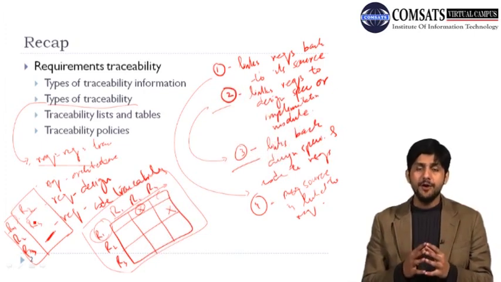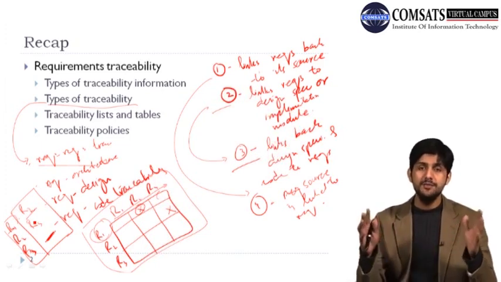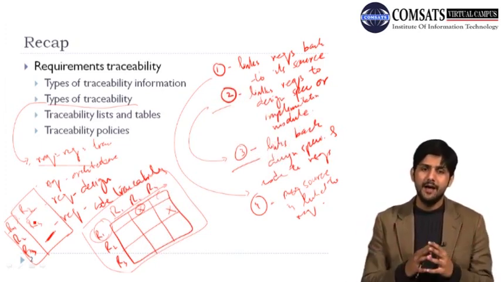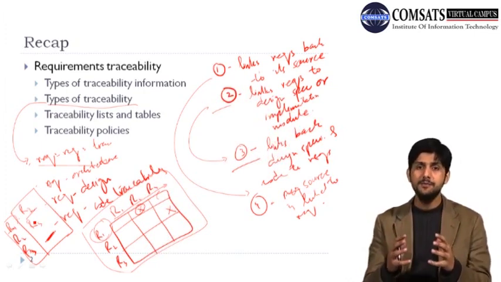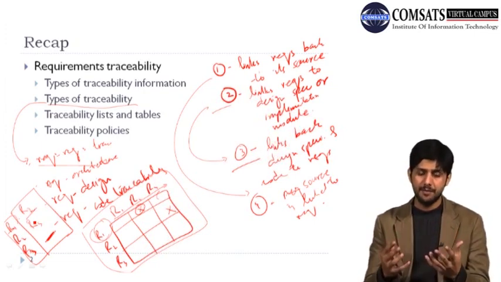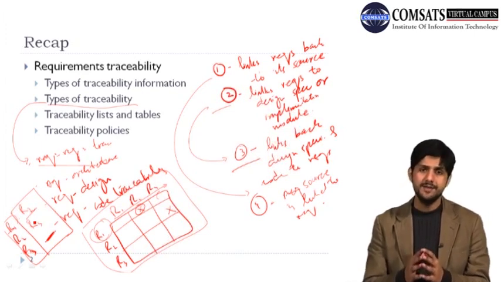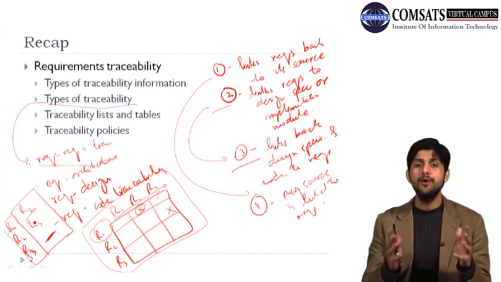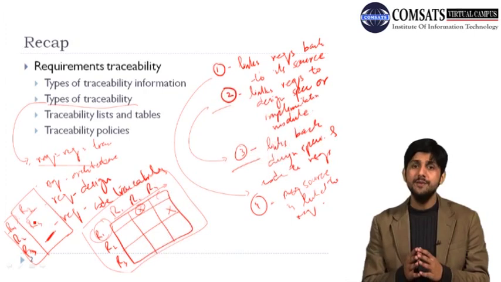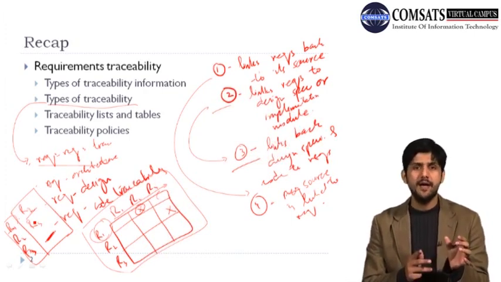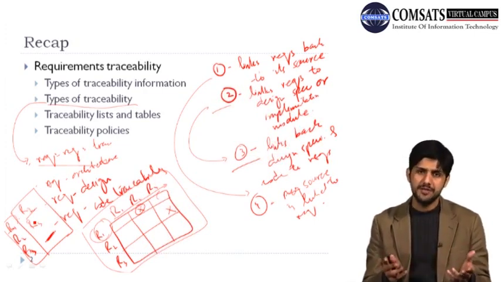We discussed that if your projects are of huge budgets, if the schedule of the project is long, if your team size is big, then you want to have proper traceability policies. Similarly, at times the client can also request traceability information, and then you would want to have formal traceability policies. Whereas if your team size is small, you are into smaller projects and the budgets are small as well, then maybe you would have an informal traceability policy.